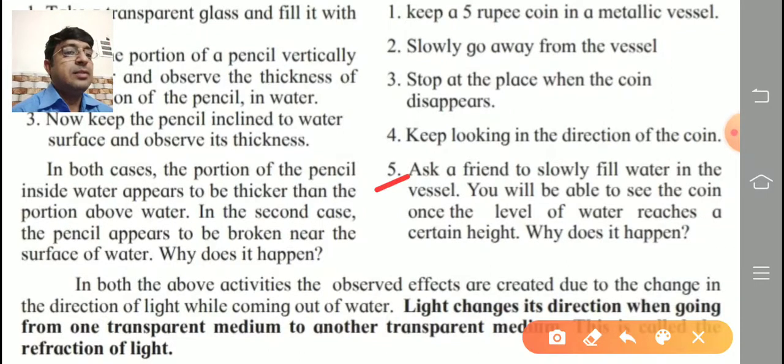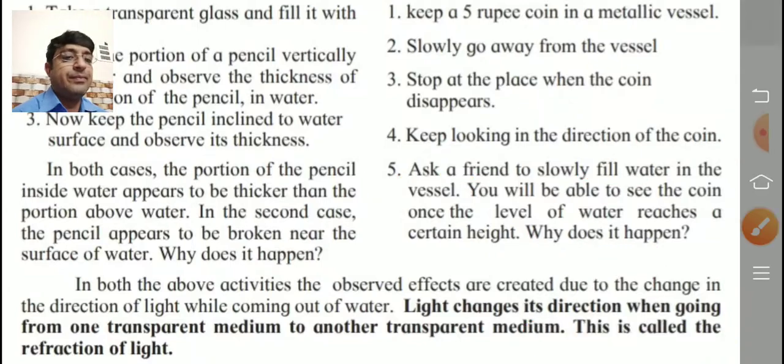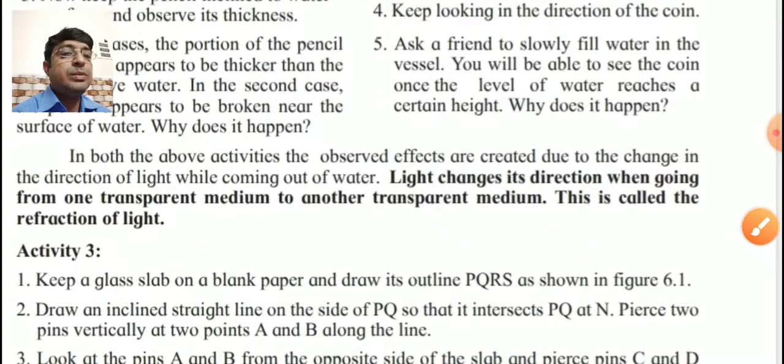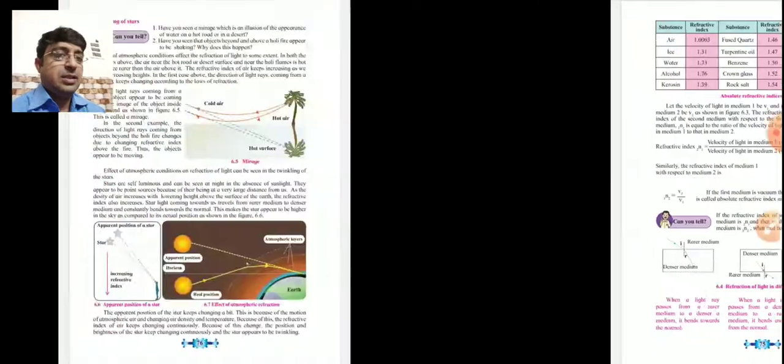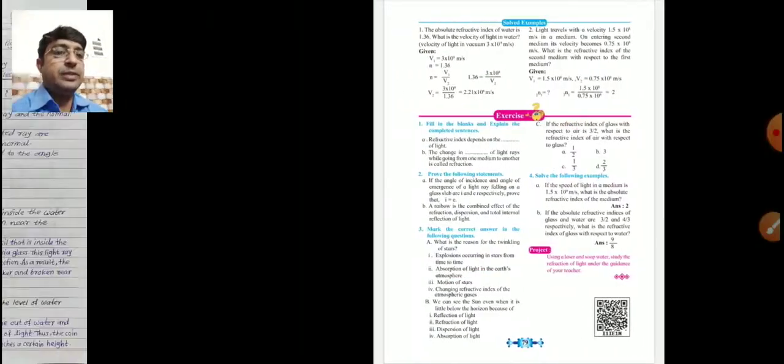And fifth point, ask a friend to slowly fill water in the vessel. You will be able to see the coin once the level of water reaches a certain height. Why does it happen?